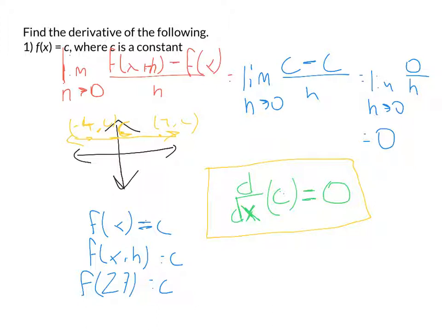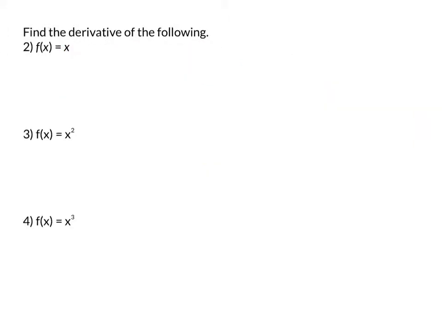Let's look at some more examples. In number 2, we're finding the derivative where f of x is equal to just x. So we'll again go through the definition where we use the limit as h approaches 0 of f of x plus h minus f of x all over h.